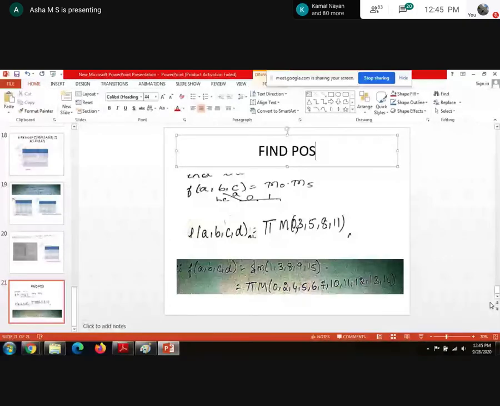They will give the question like that: you need to find out POS or SOP, both. But someone did it in the same map, grouping for both SOP and POS. Please don't do that. Don't give any chance to deduct marks from your side.